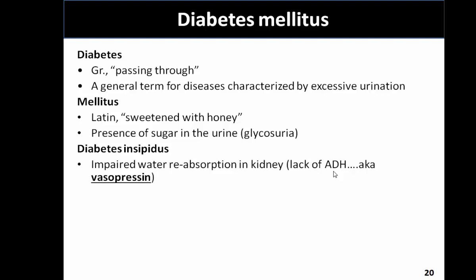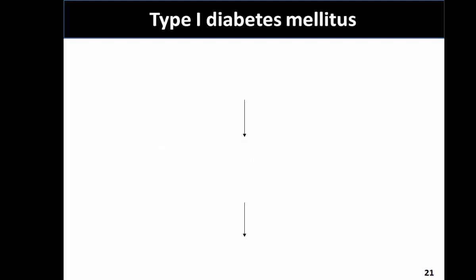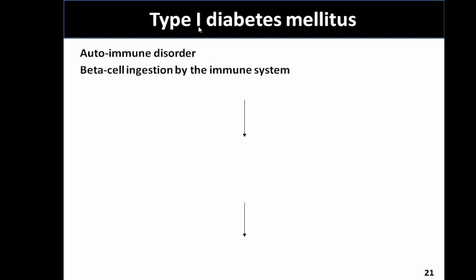But we'll start by examining type 1 diabetes mellitus, a condition that usually results from an autoimmune disorder. In other words, the beta cells in the pancreas that produce insulin are destroyed by the immune system. Usually early in life, as a result of some type of viral infection, a person's immune system will not only try to attack that viral infection, but will also attack healthy cells.